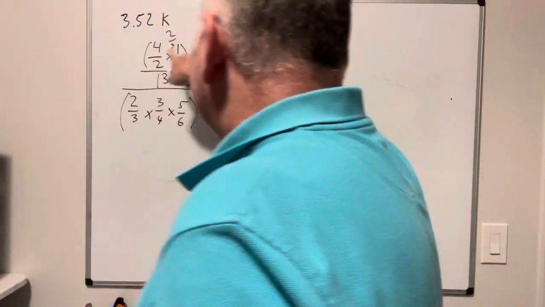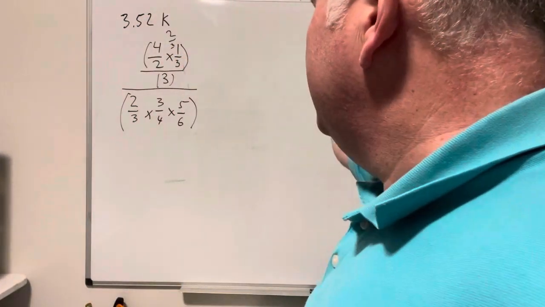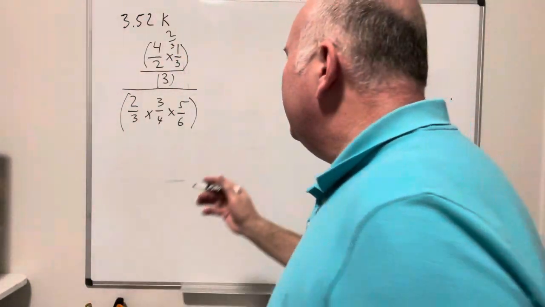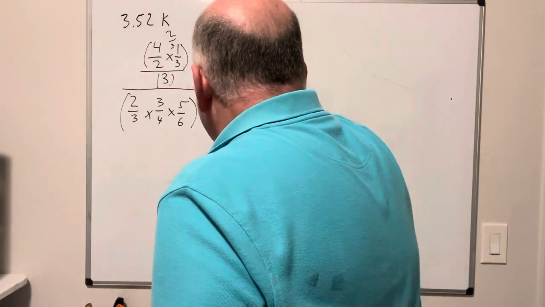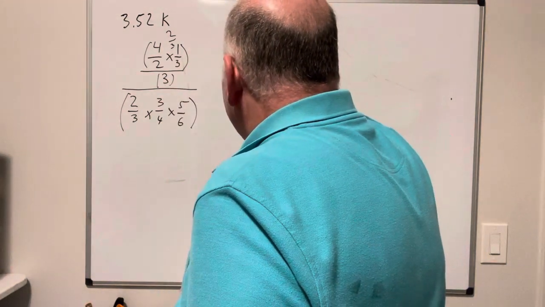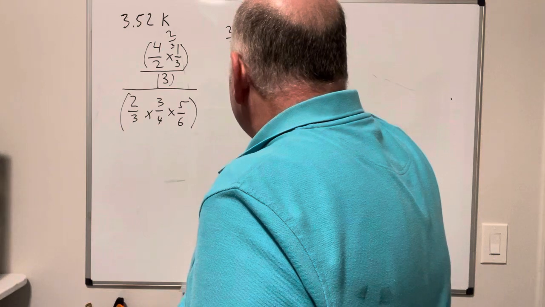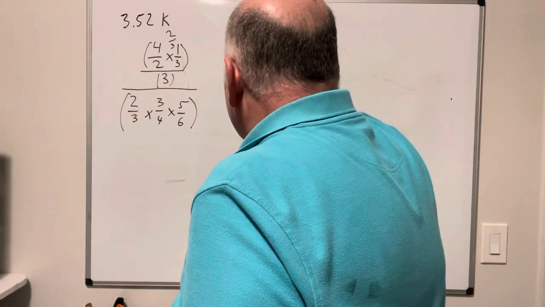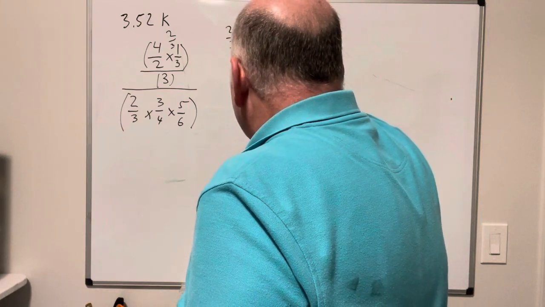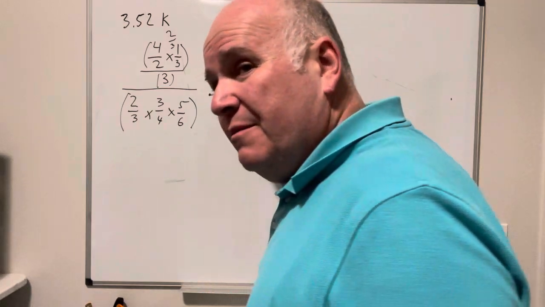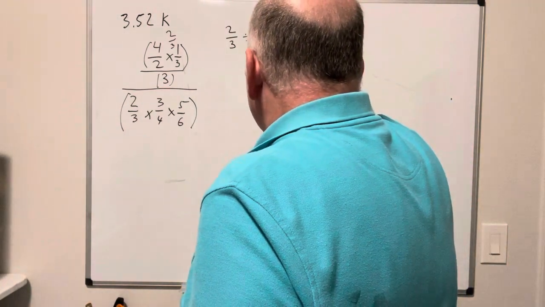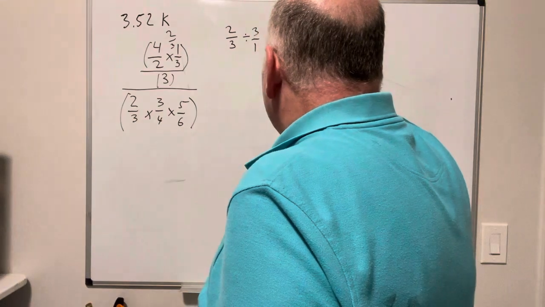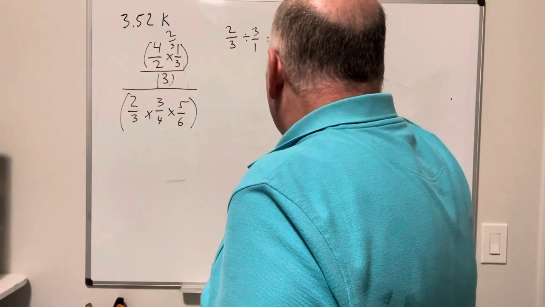Now we take this, okay? And it's really important to keep on track here. So we take that 2/3 and we divide it by 3. Divided by 3, which is, I'm going to write it like this, 3 over 1, but it's a division problem, so we invert. So that means that is 2/3 times 1 over 3.